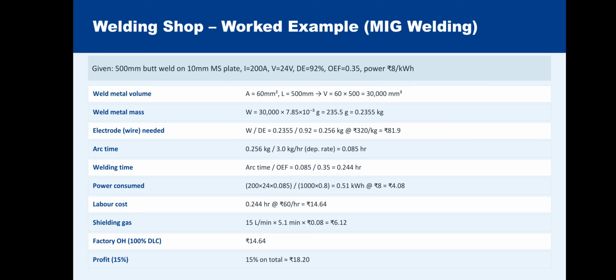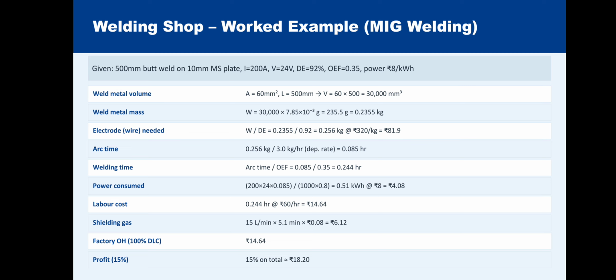Welding time, arc time divided by OEF, that means 0.085 divided by 0.35 is equal to 0.244 hour. Also we can calculate power consumed: 200 into 24 into 0.085 divided by 1000 into 0.8 is equal to 0.51 kilowatt hour. At the rate, that is equal to 4.08.